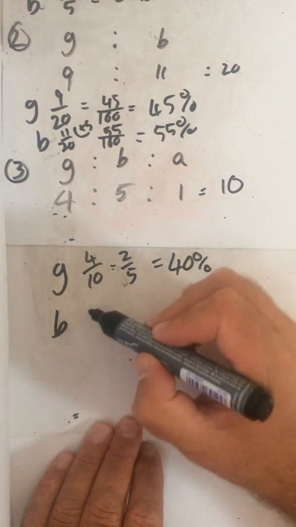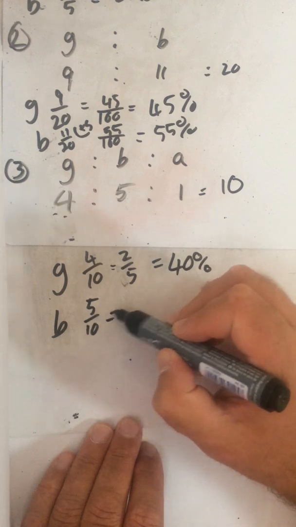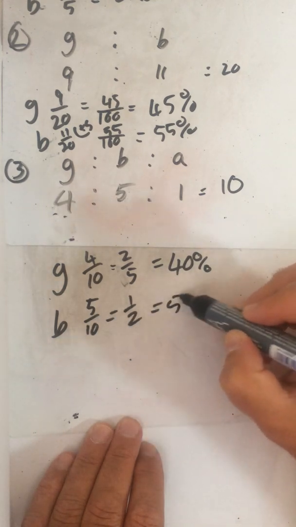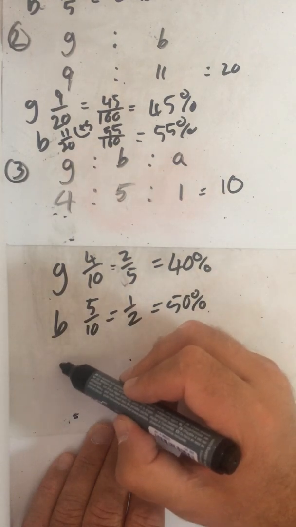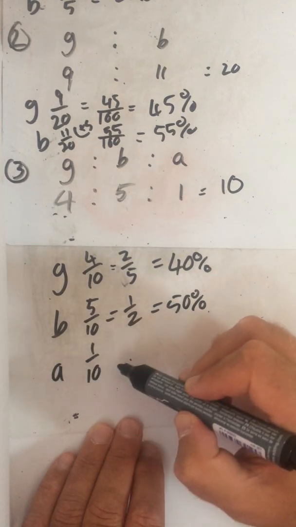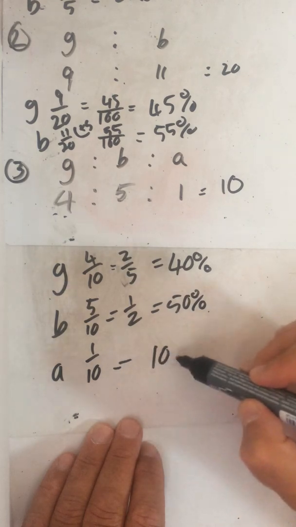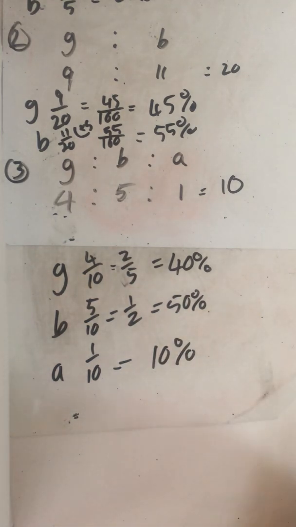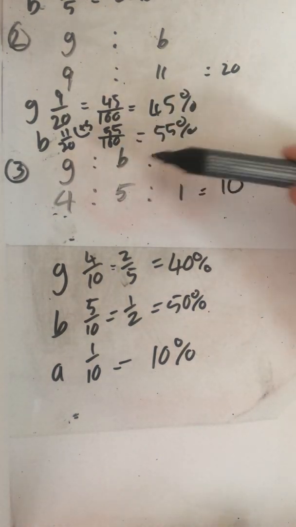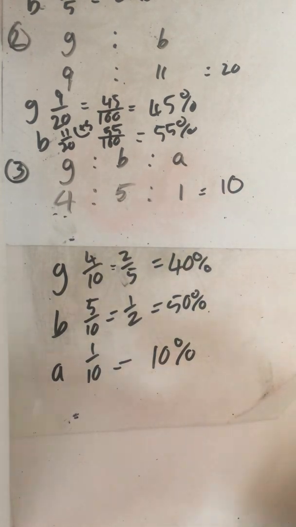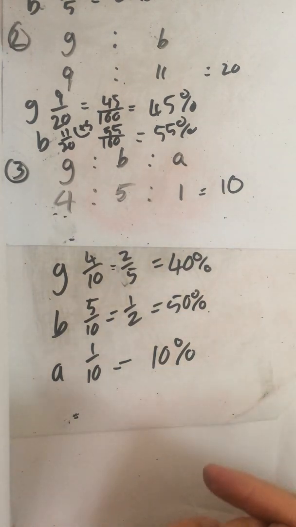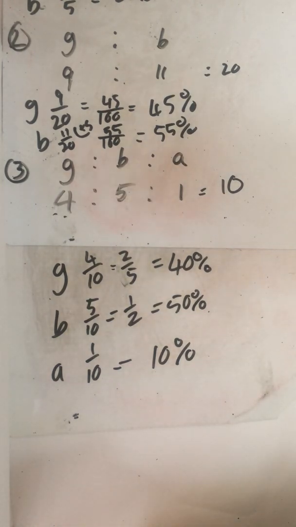Boys, 5 out of 10, I know I can simplify that to a half. Half is 50%. And then the last one, adults, 1 in 10 are adults, can't simplify it, and that's 10%. Okay, right, so it's just applying this knowledge, working between ratios and proportions.